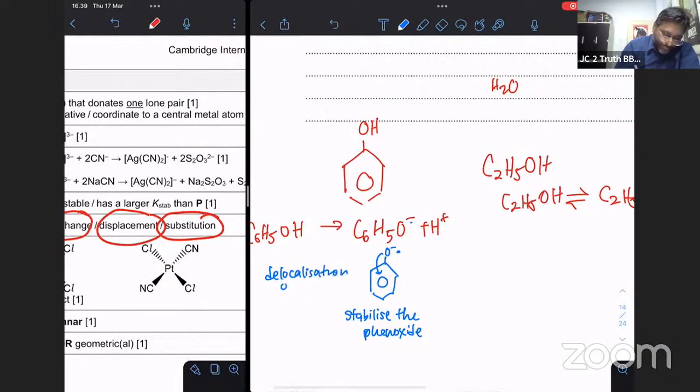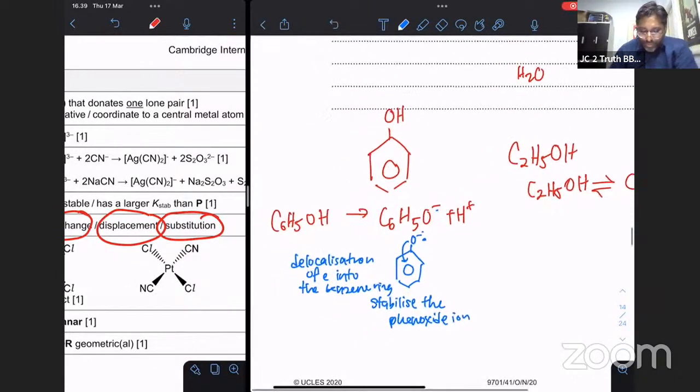You can write in full: delocalization of the lone pair of electrons from the O⁻ of the phenoxide ion into the benzene ring stabilizes the phenoxide ion, making this reaction form more. Because it is more stable, in that process you are going to get more H⁺.